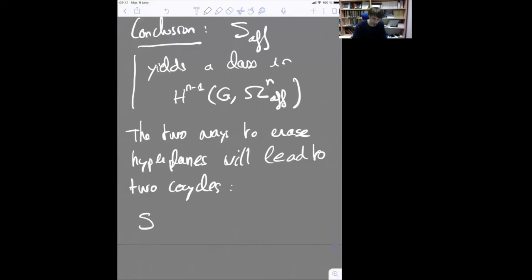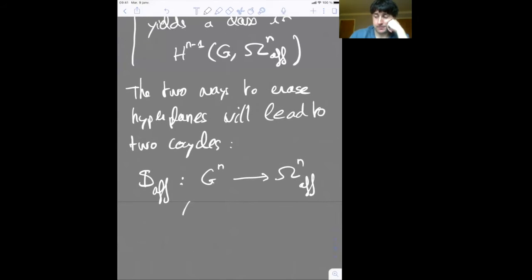The first one, so it's a cocycle of G with values in omega n affine, and the expression is the following.